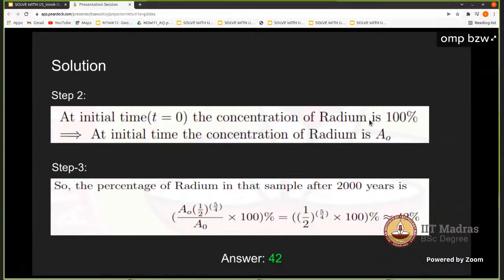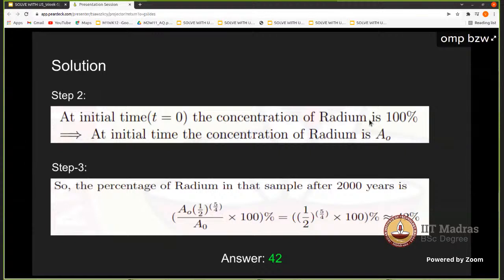After that, you will get something in fractions. So if my initial concentration is 1 and you get some 0.42, then we can convert it into percentage again. You will multiply it with 100, and then you will get the percentage of it.